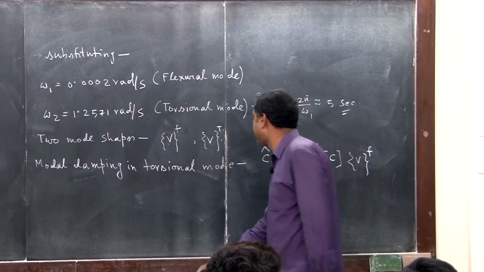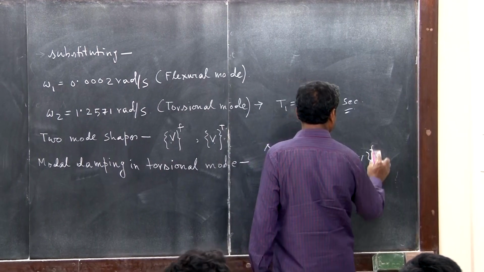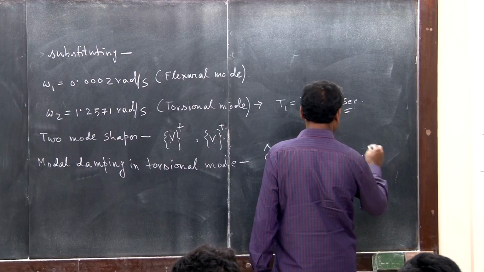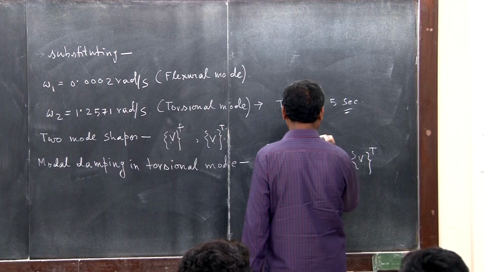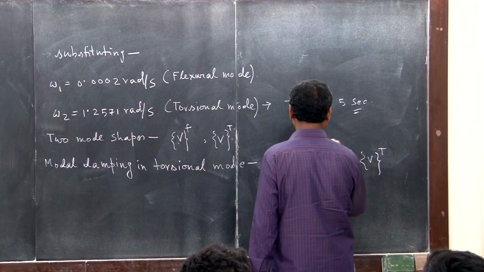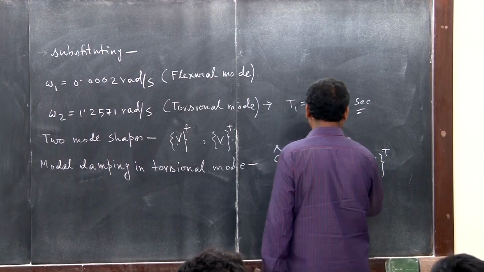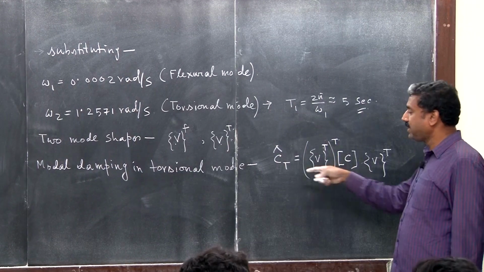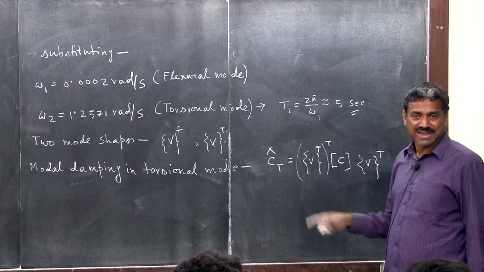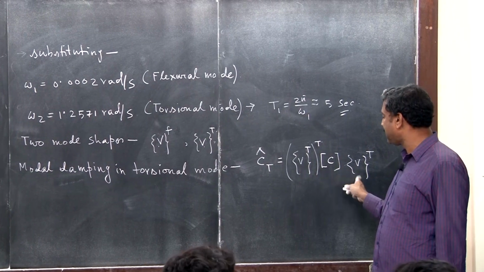Oh, no, sorry. So T, and another transpose of that, okay? Then if you do this, you will get a scalar expression, because this is matrix and vector.